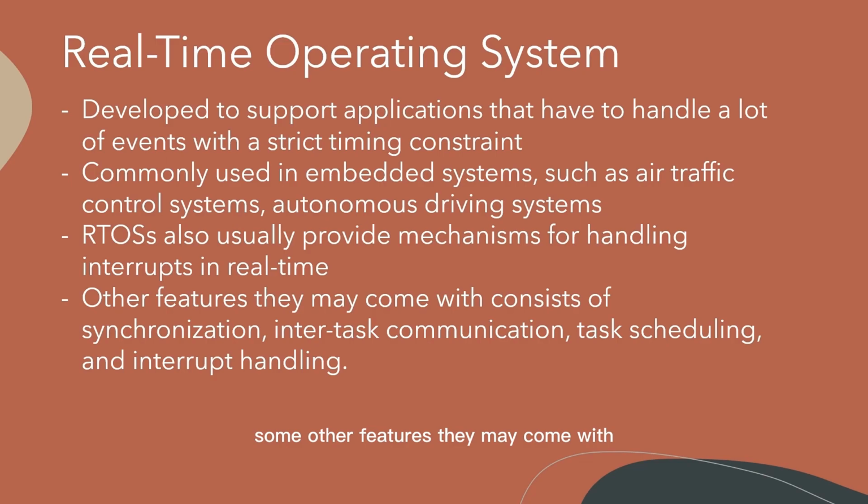Some other features they may come with consist of synchronization, inter-task communication, task scheduling, and interrupt handling. This is to ensure that the tasks are completed within the time constraint given.